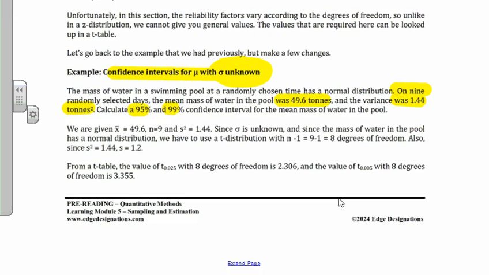Because I don't know the variance, guys, I need to say to myself, I'm now going to use the T table. What changes with the T table? The T table always says we go n minus 1. So here's my sample size, 9 minus 1.